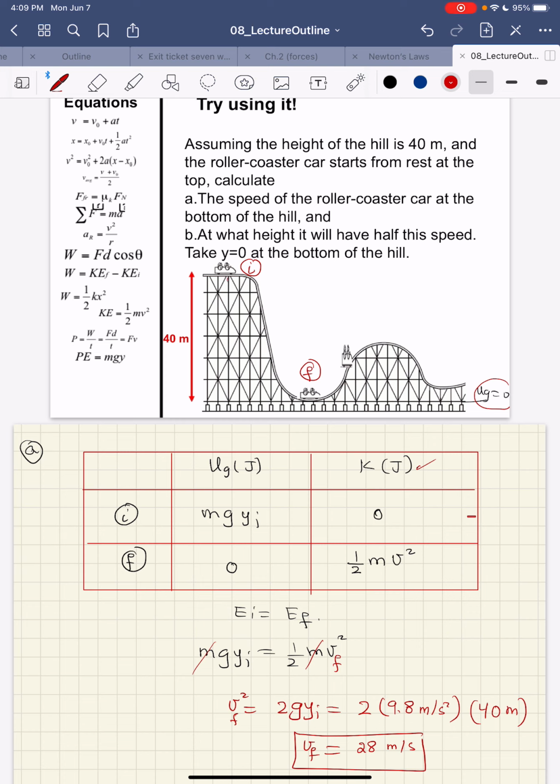At the initial I have mgyi, which is all my gravitational potential energy. When it reaches my final position, it is going to be 0 because it hit my reference. It was also mentioned in the problem that it is from rest, so my kinetic energy was initially 0, and finally it is going to be 1/2 mv final squared.